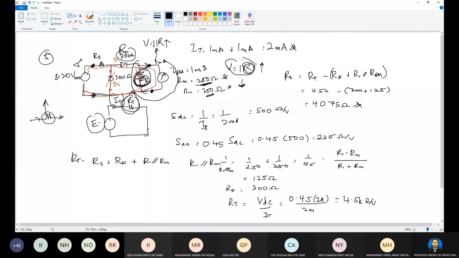That means with infinite reverse resistance in the negative cycle, D1 and D4 will be open circuit. The concept will be similar to question number 5, but we use the full wave rectifier.